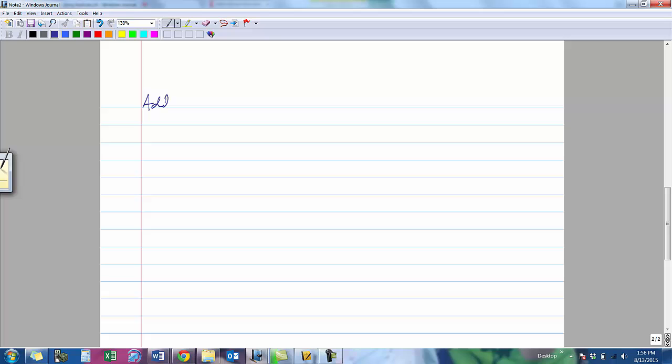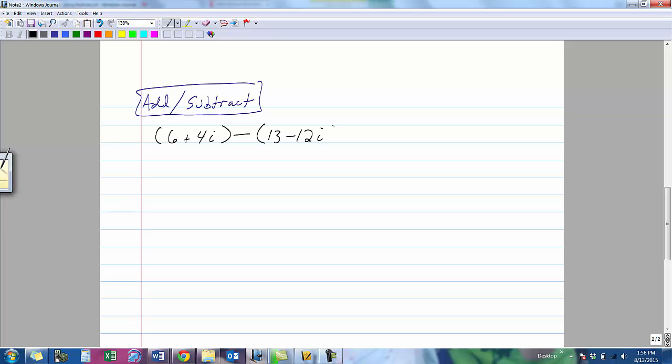First of all, let's talk about adding and subtracting complex numbers. I'm just going to do one of these because I'm pretty sure you're going to catch on to this. Parentheses 6 plus 4i minus the quantity of 13 minus 12i. I don't know about you, but subtraction creeps me out.